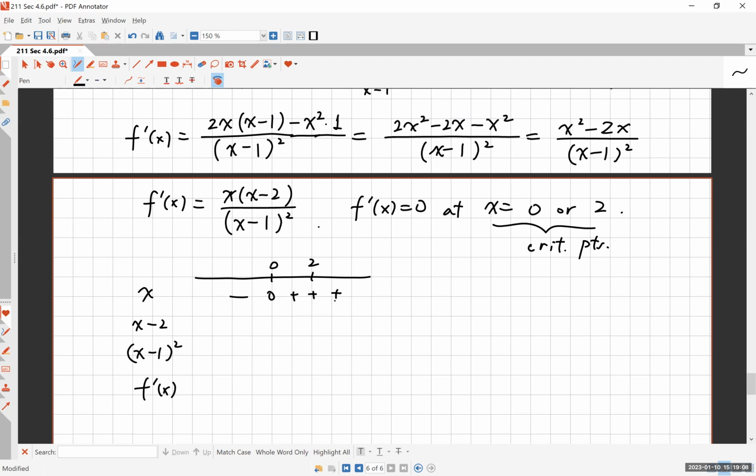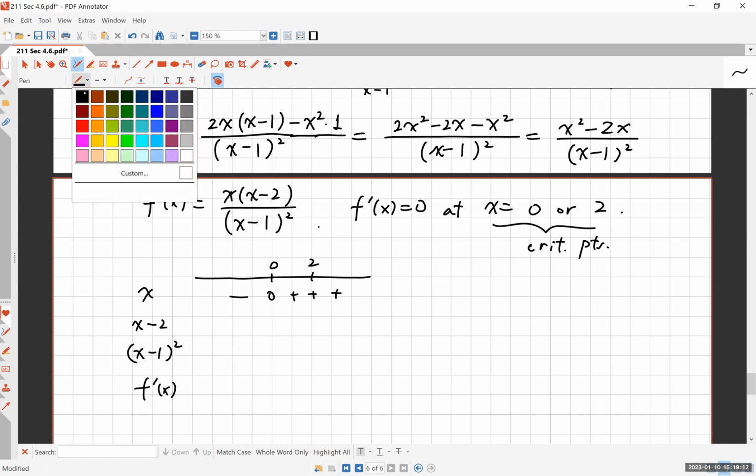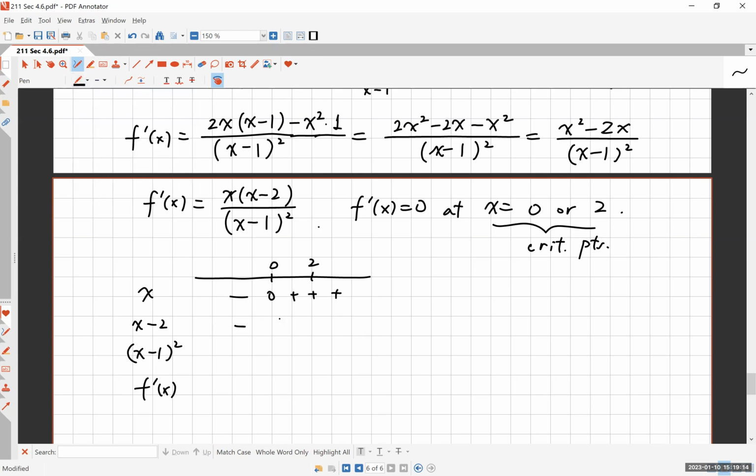So this is the line of the signs for x. X minus 2 is negative, and when x is 0, it's still negative. Once x reaches 2, 2 minus 2 is 0, and after that, it will be positive. X minus 1 quantity squared. Oh, I forgot that, huh?